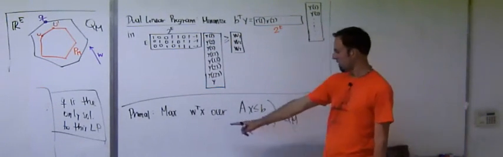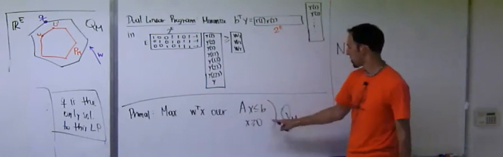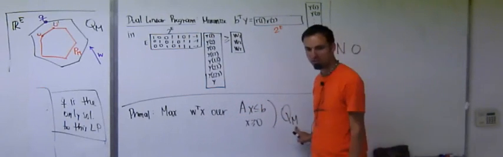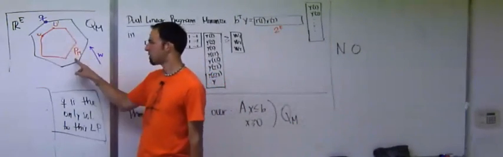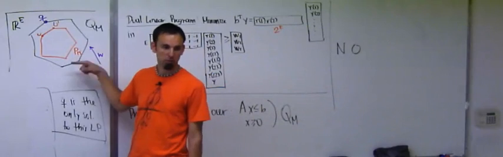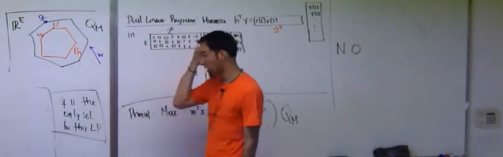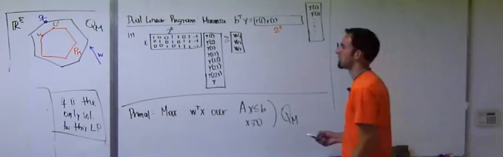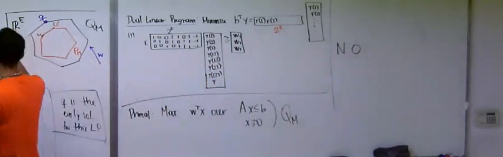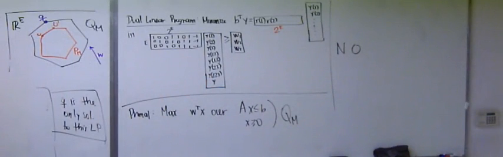And so for X to be feasible means X is inside this polytope, Q sub m. The way of showing that is that U is a vertex of P sub m, and last time I showed P sub m is inside Q sub m. That's why I know that U is feasible. And so my last step is to show that V is feasible.